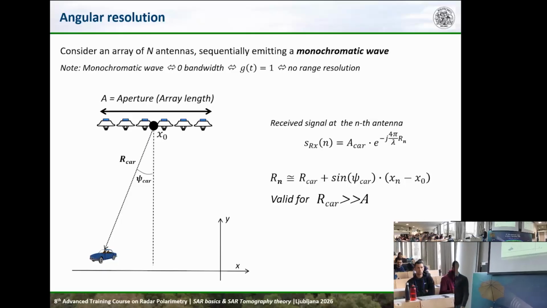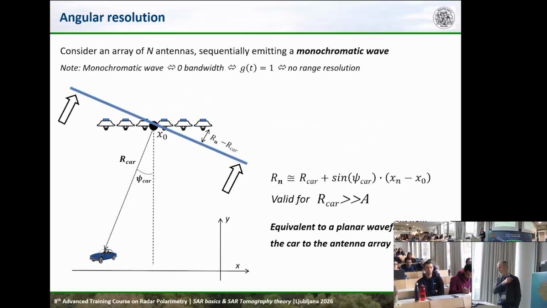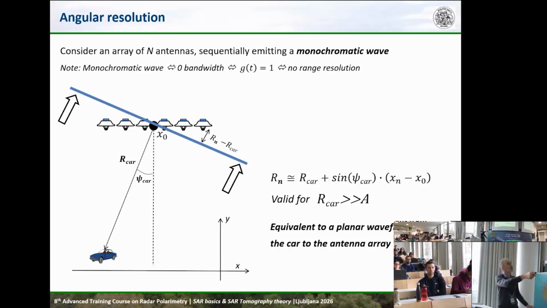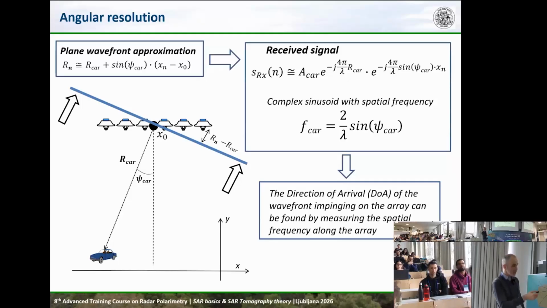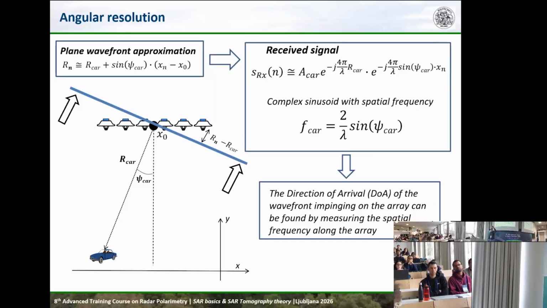In wave theory, we say that we are approximating the wave as a plane wave. Plane, it's just because we are linearizing this expression. And in this way, we have this. We say that under this approximation that we call the plane wave approximation, the received signal can be expressed in this way. So again, remember that we are forgetting about g of t here, just to make it easier.